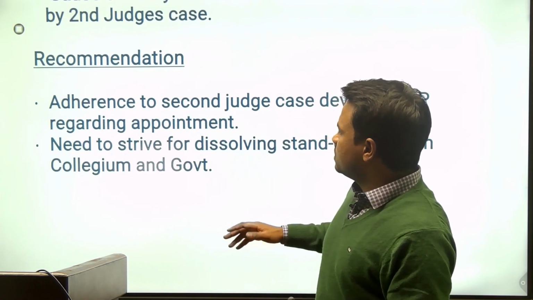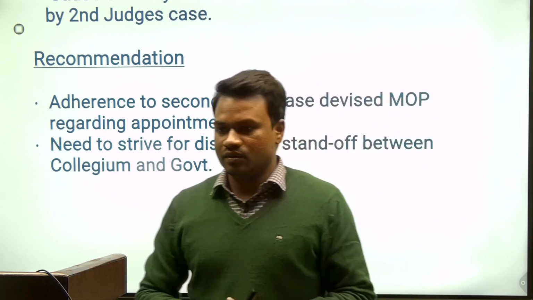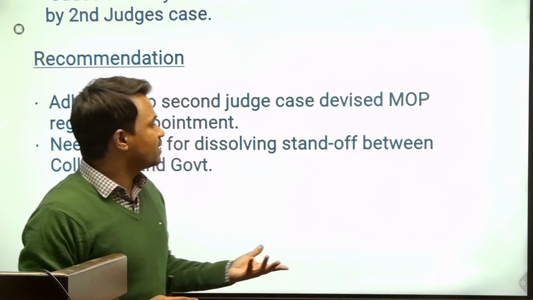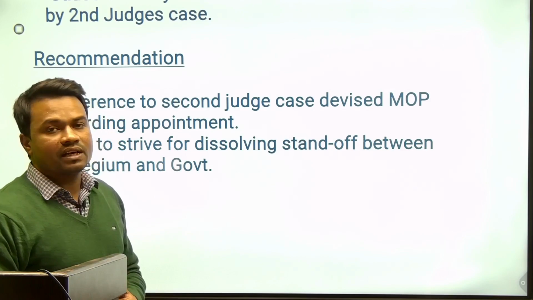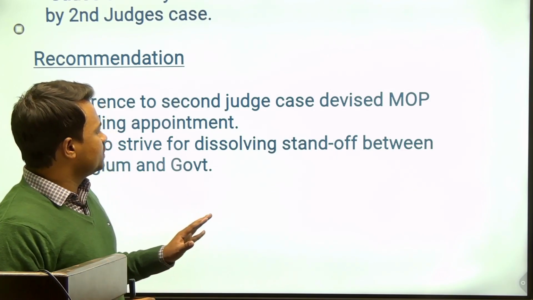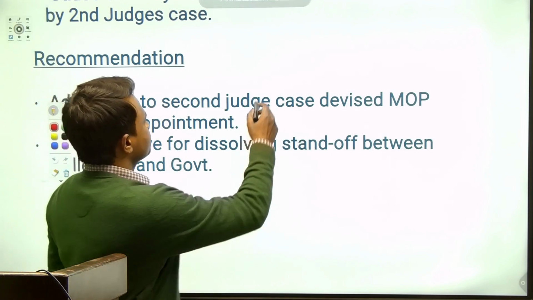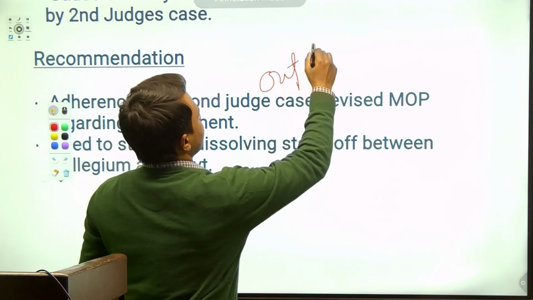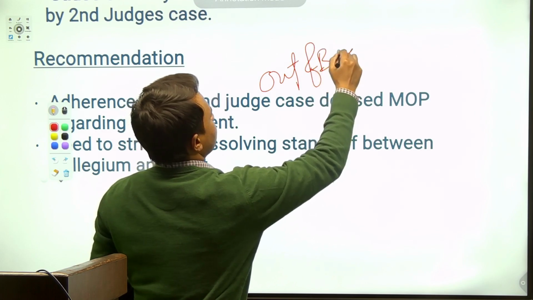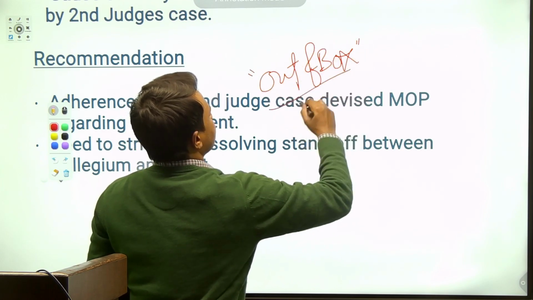And they need to strive to dissolve the usual impasse that can be seen between the collegium system and government. They highlighted that they should go for out of the box thinking.